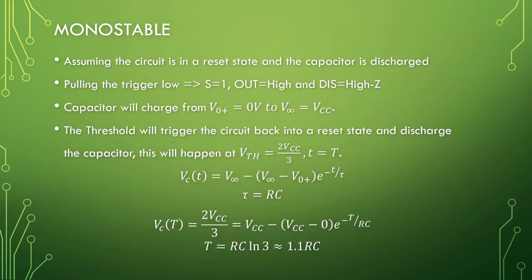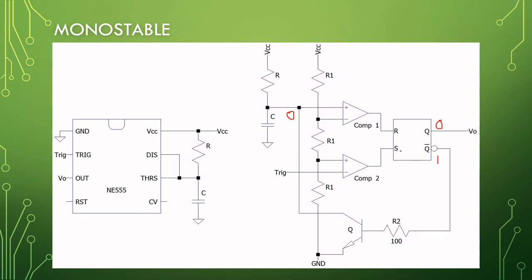Okay. Pulling the trigger low, S will become a 1. Our output will become a high and our discharge will become a high impedance. So pulling the trigger low, so inputting a pulse, will ensure that this becomes a 1 and this becomes a 0, and basically this becomes a high impedance.